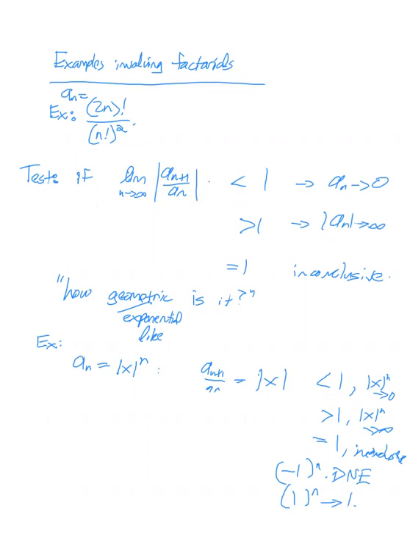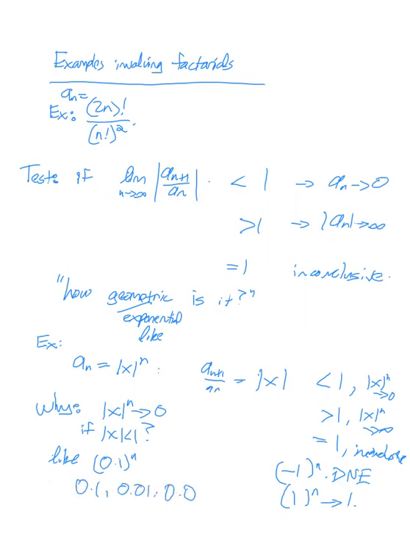Let me just recall, why does x to the nth power go to 0 if absolute value of x is less than 1? It's like 0.1 to the nth power. And so this is 0.1, this is 0.01, this is 0.001. And so this should go to 0.